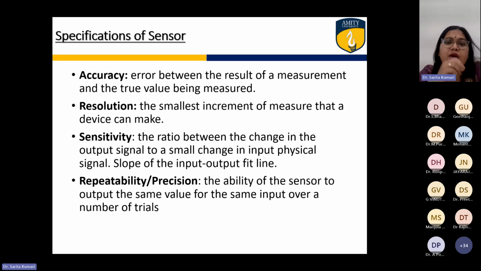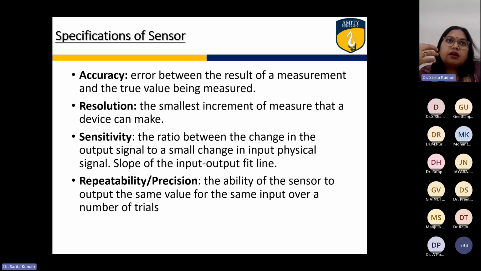So in that case, how the sensor is responding to the smallest change in the input is called the resolution. Then comes sensitivity. Sensitivity is defined as the ratio of per unit change in output to per unit change in input.